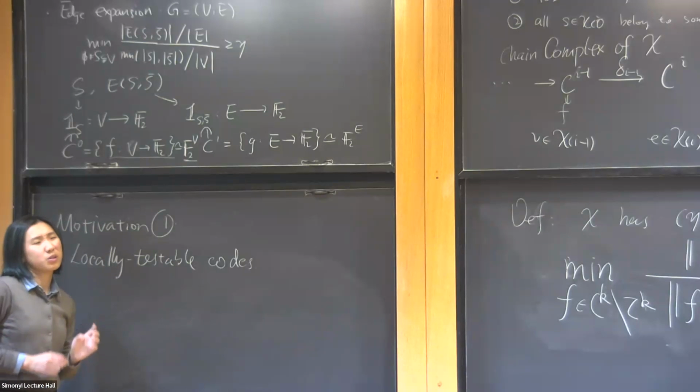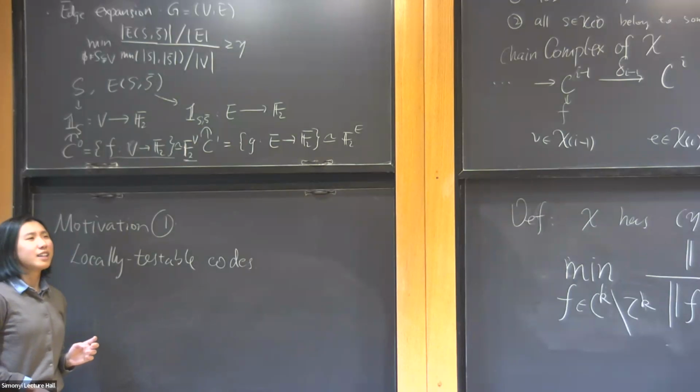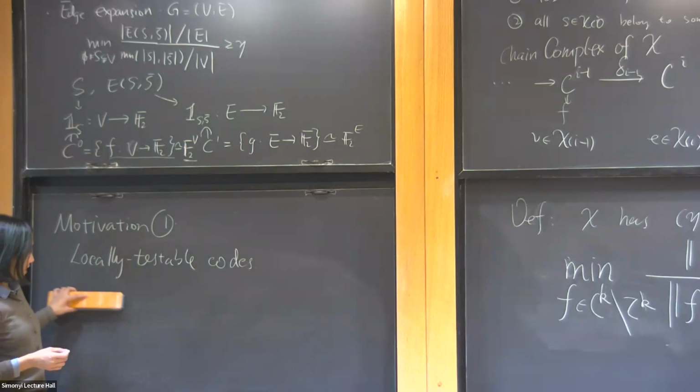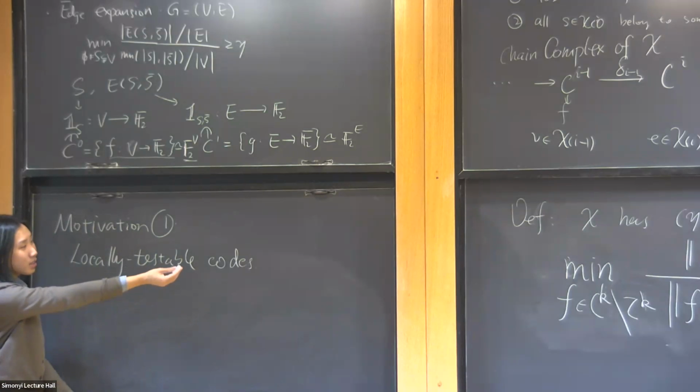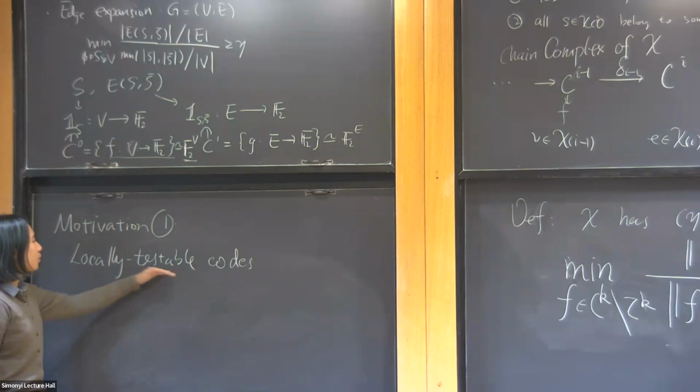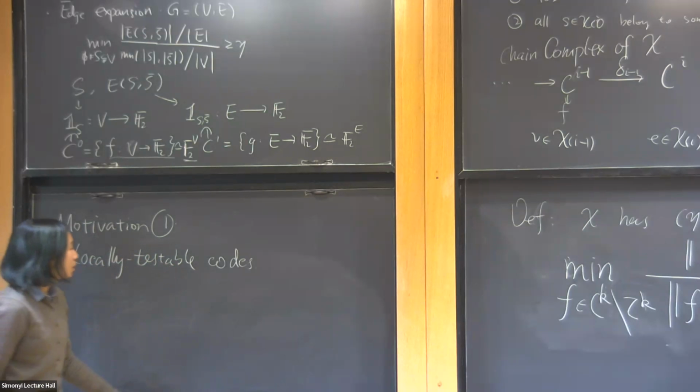I think it has more to do with spectral expansion. To my understanding of the proofs, it has more to do with local spectral expansion. But I wanted to say that even at the syntax level, coboundary and cosystolic expansion have so much similarity with locally testable codes, which is the following.